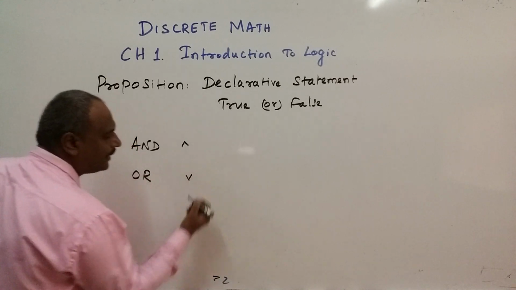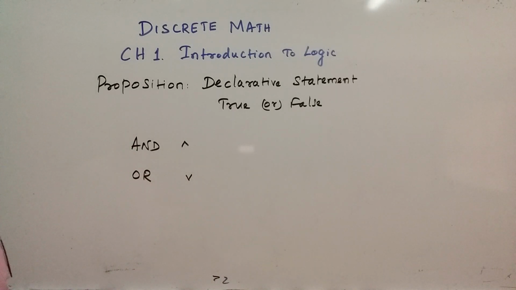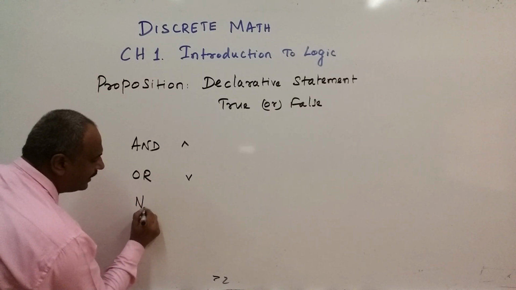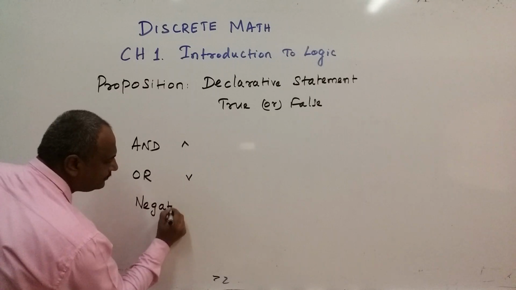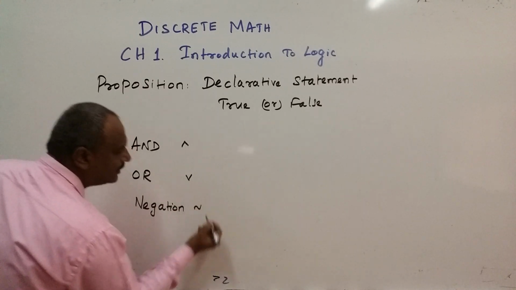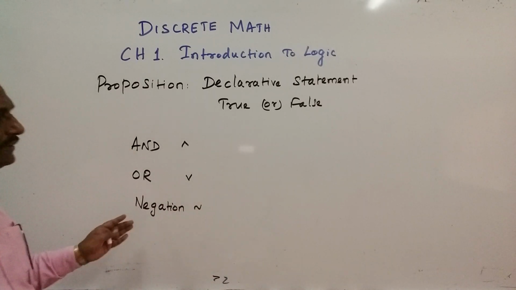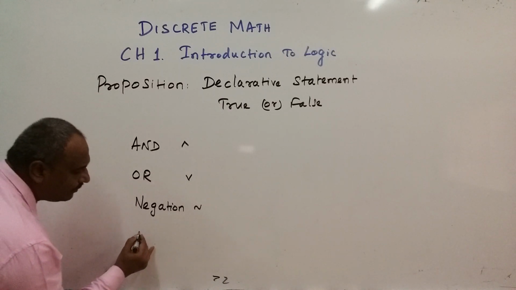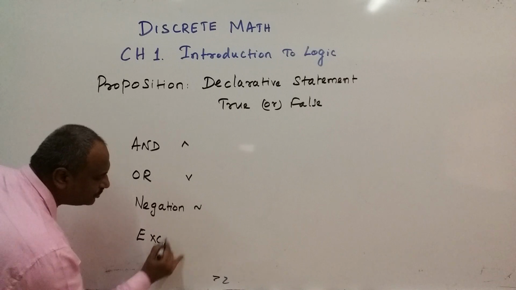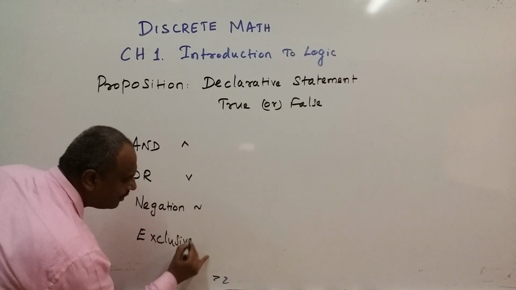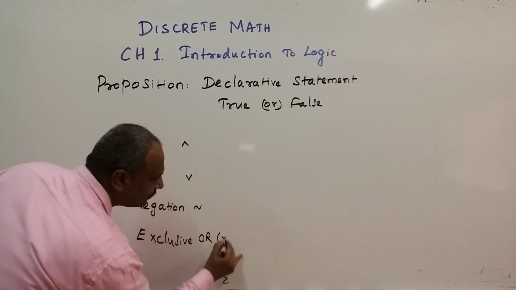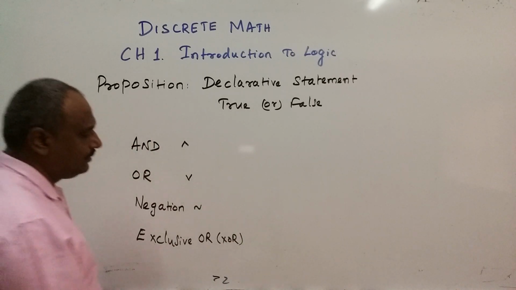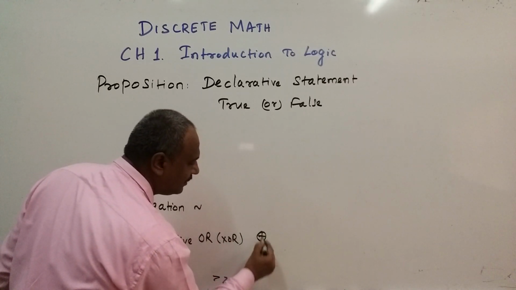We discussed the negation, wiggle, which is the opposite. And then we discussed exclusive OR, which is a circle and plus.